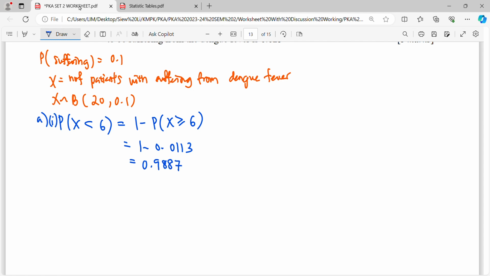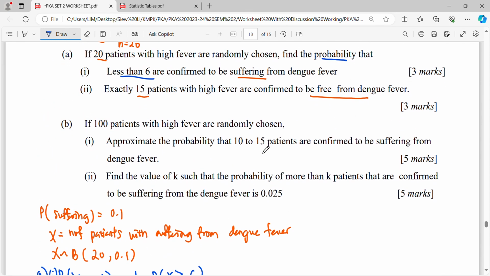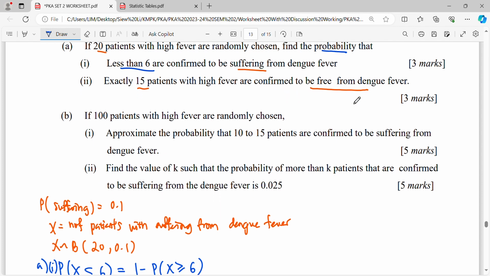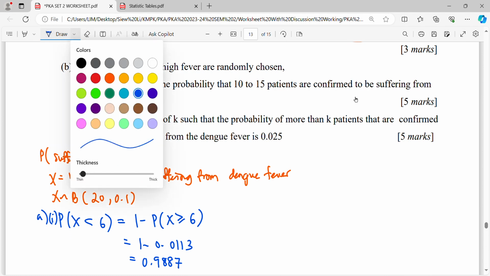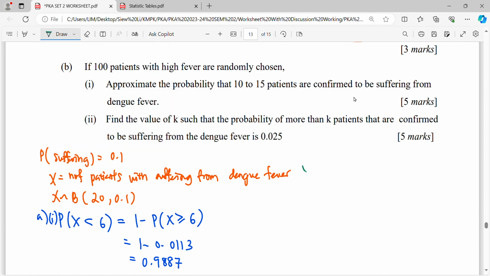When we come to the second question, the situation described is no longer suffering from dengue fever. They are describing free from dengue fever, so the distribution will be different. They are taking the opposite way. So now Y will be the number of patients free from dengue fever.